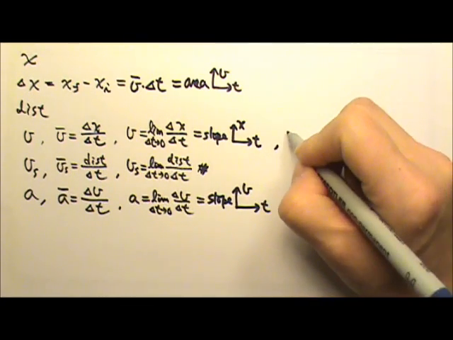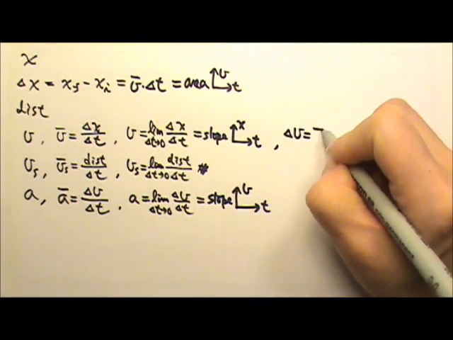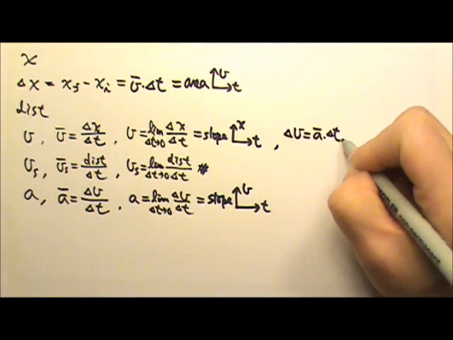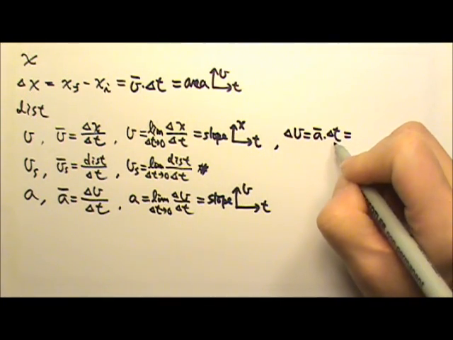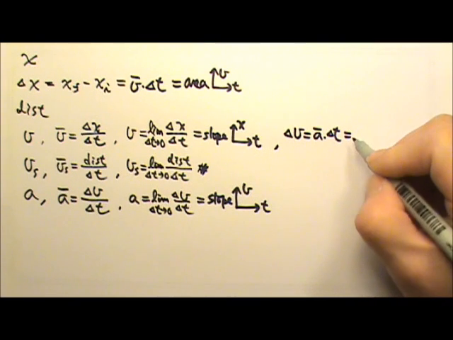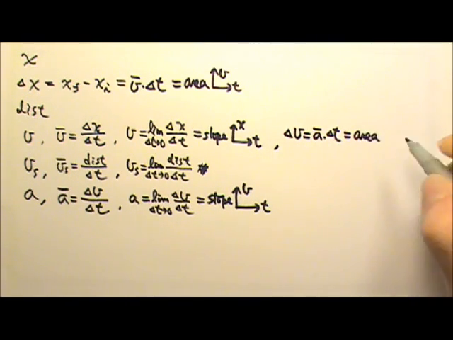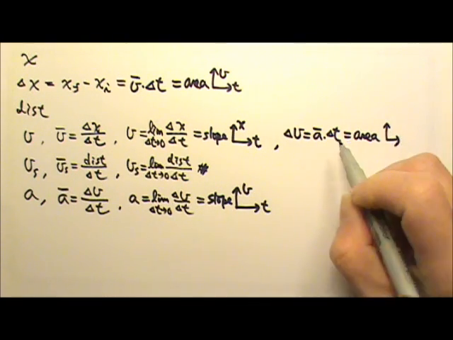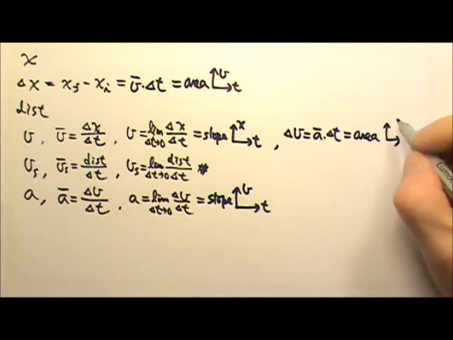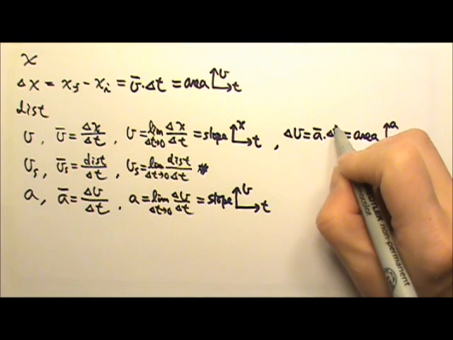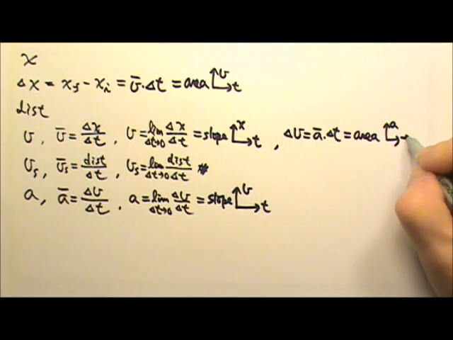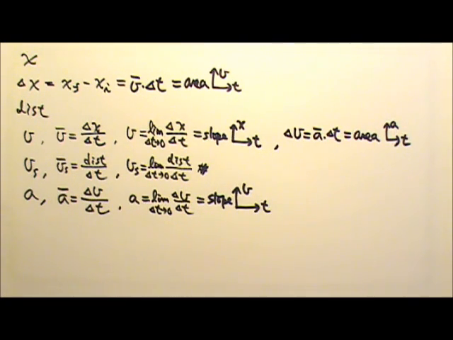Because we're multiplying, it must be the height times the base. So it's the area of the graph, where this is the height, a, and this is the base, so the horizontal axis is the t.